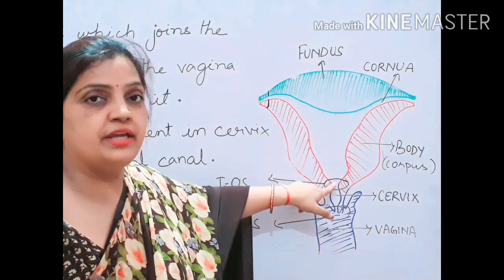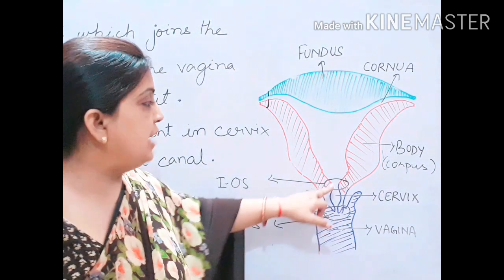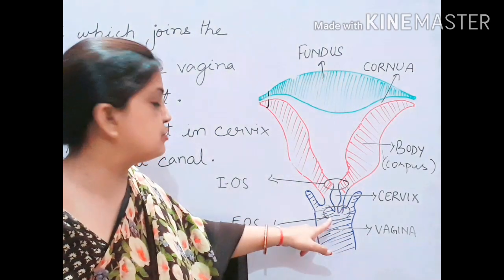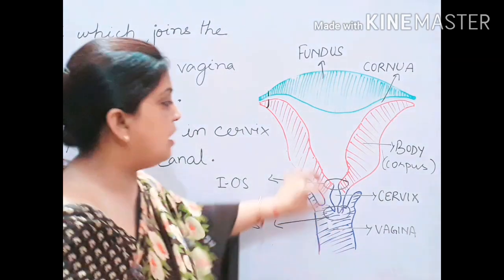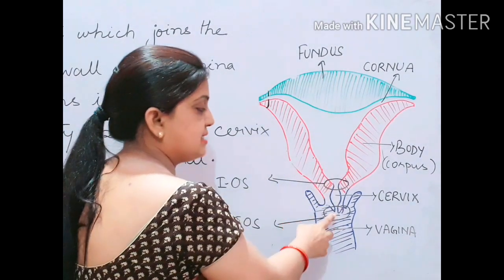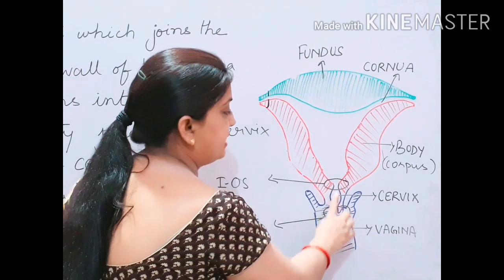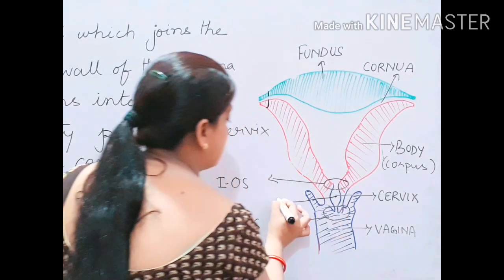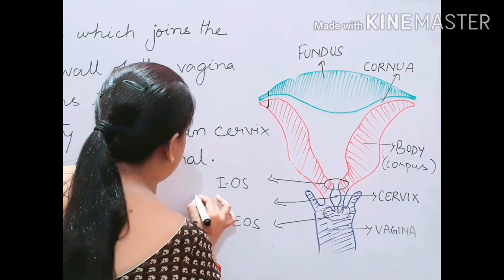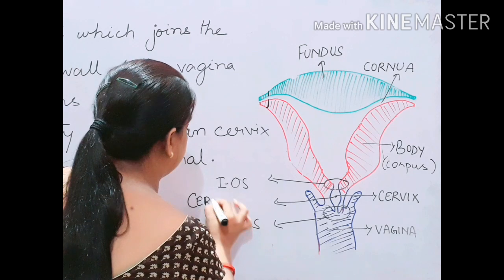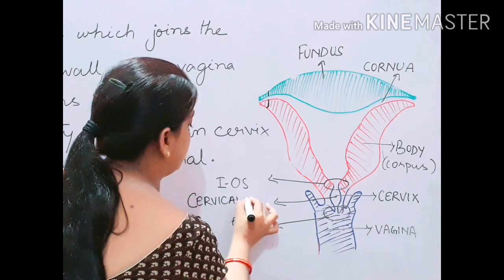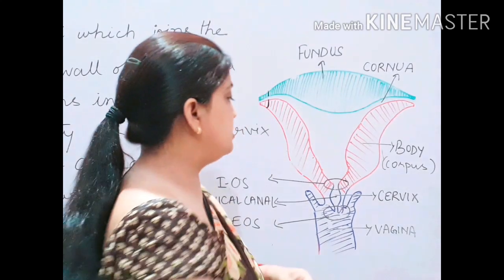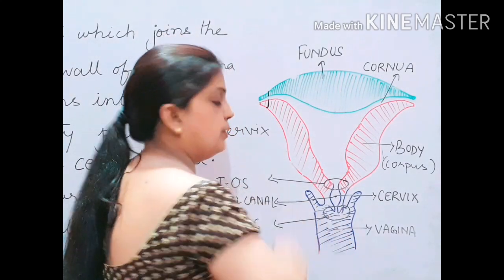And when the cervix opens outside into the vagina, it is called the external OS. Now in between the internal OS and external OS, this cavity is present, and the name of this cavity is the cervical cavity, or cervical canal.